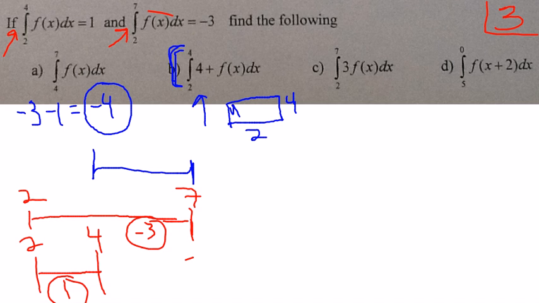So it's going to add an area equal to, you guessed it, 8. So this is really equal to 8 plus the integral of f of x from 2 to 4, which is 1, so 8 plus 1, which is 9.